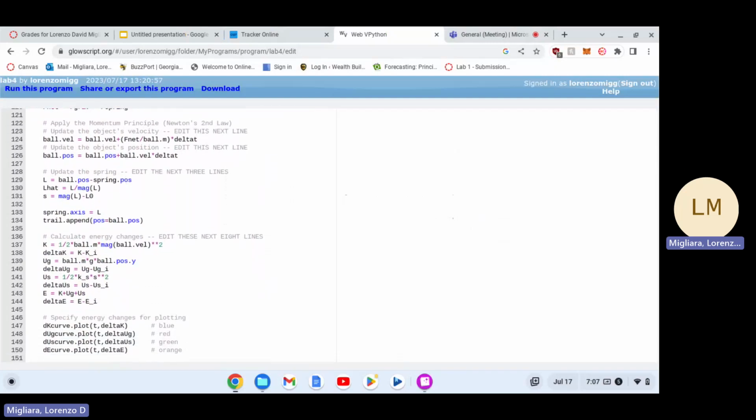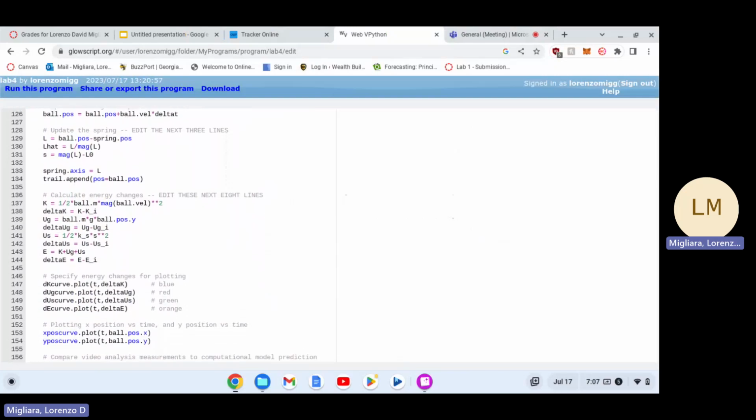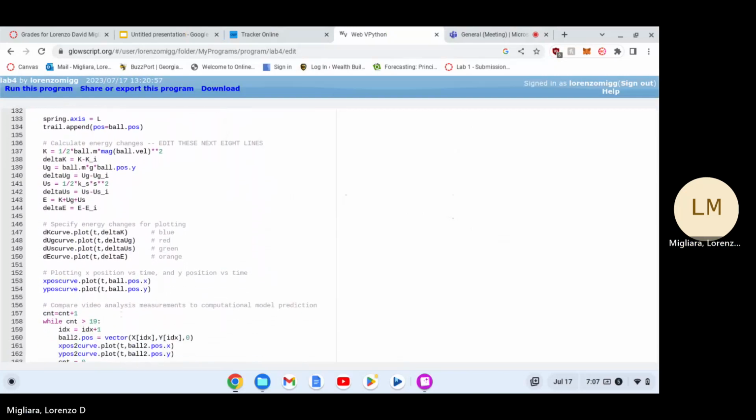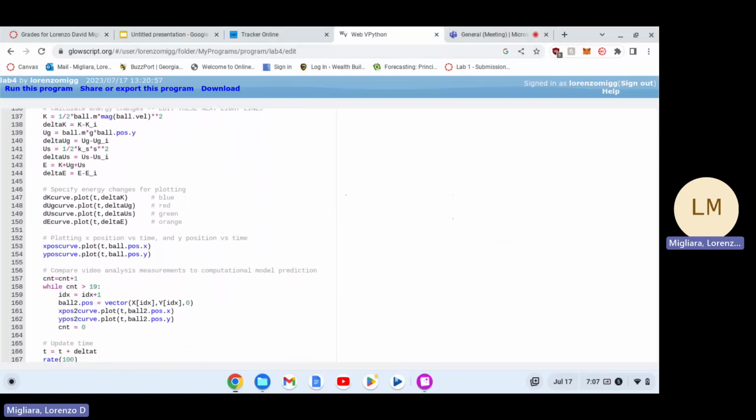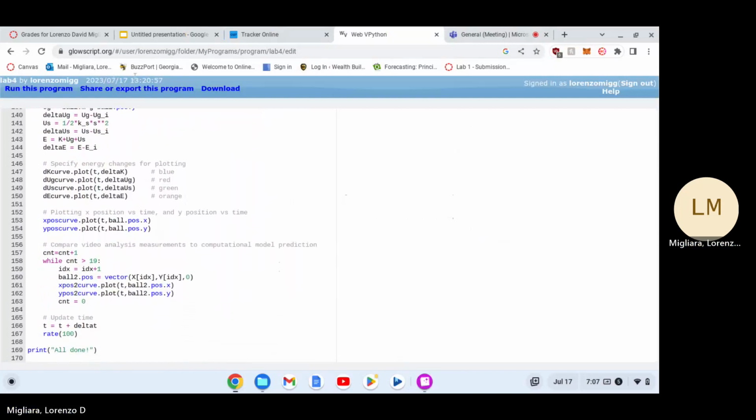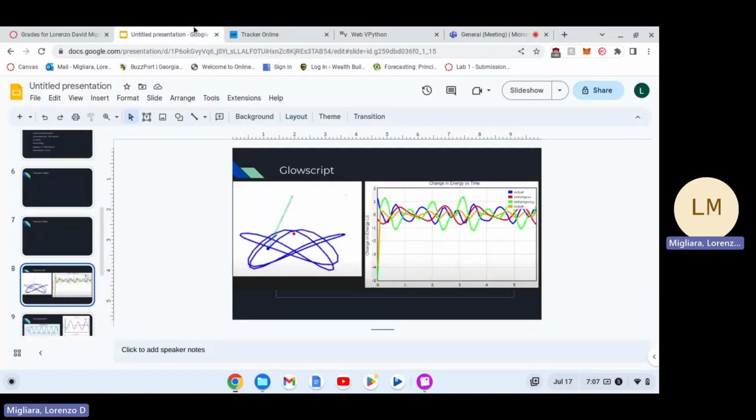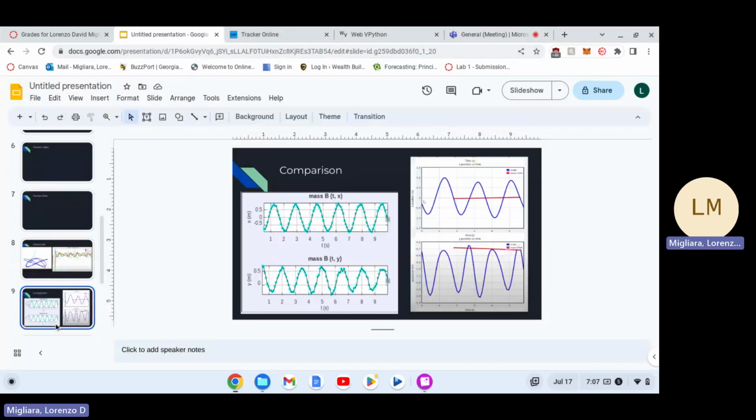So we went through and just followed the instructions here. But I won't run the program; just to save time, this is the result that I achieved. Sadly, this model, while similar, did not accurately depict the motion from the tracker.